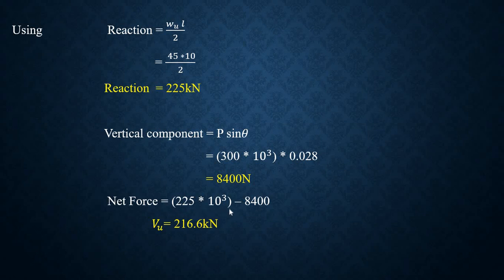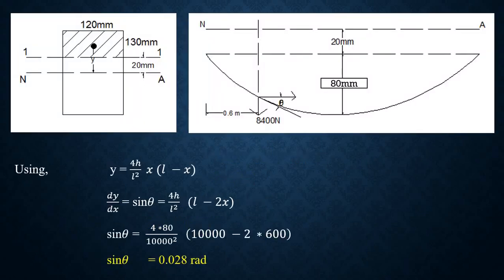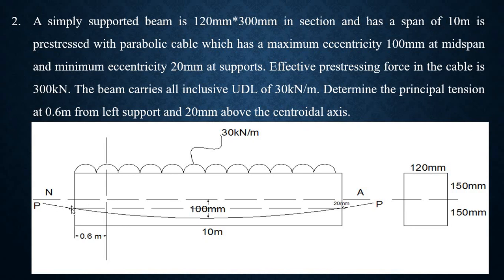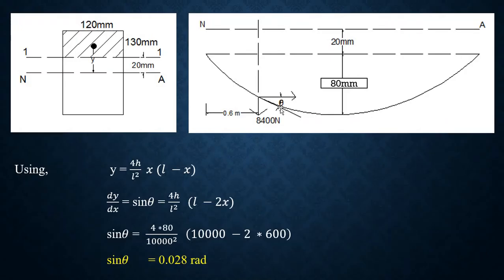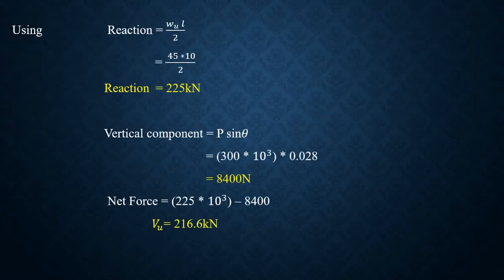This vertical component is acting downwards. If we resolve this inclined force into vertical and horizontal components, the vertical acts downwards, so we should consider the negative sign. So minus 8400 will give you shear as 216.6 kilonewton.